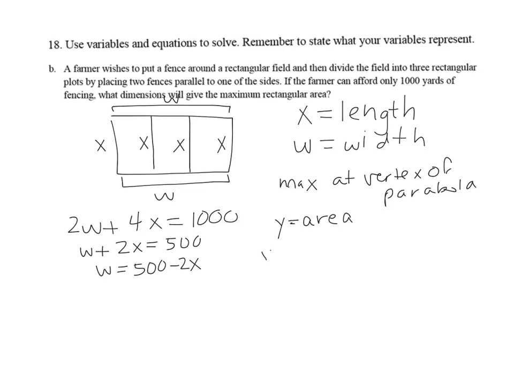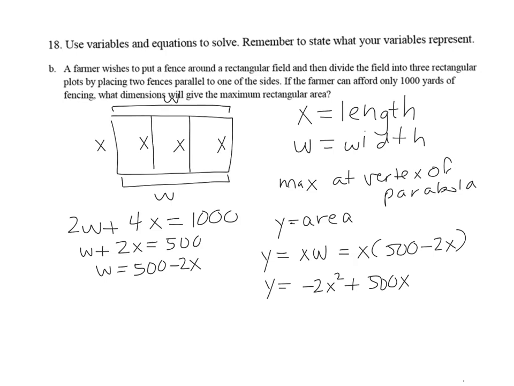The area is equal to length times width, or x times w. And if I substitute, since w equals 500 minus 2x, that's x times 500 minus 2x. So y equals negative 2x squared plus 500x.